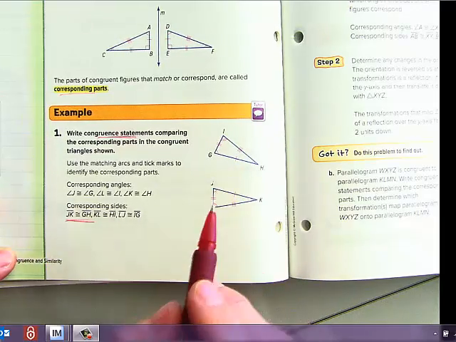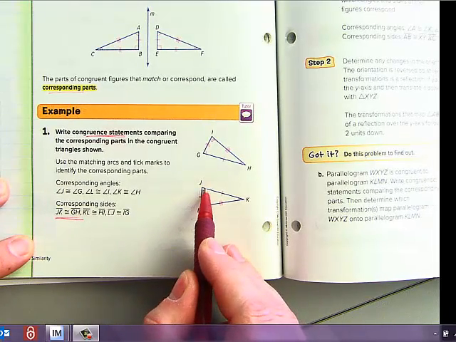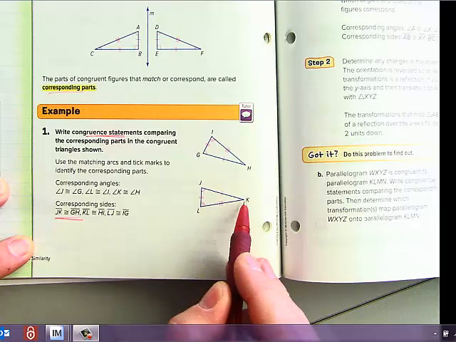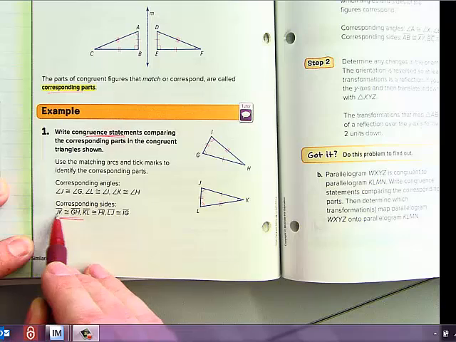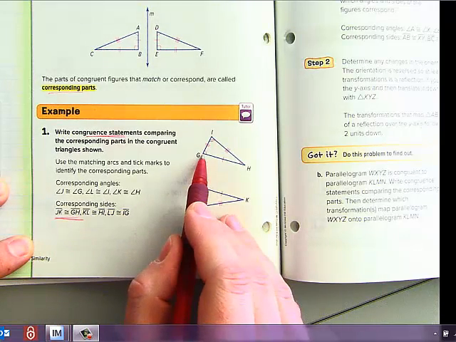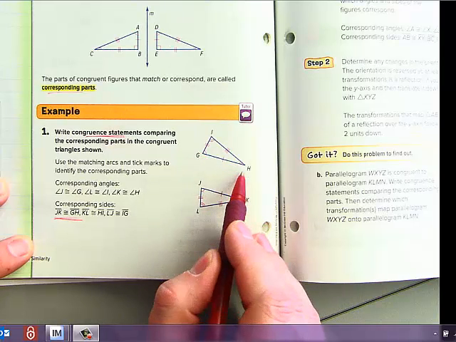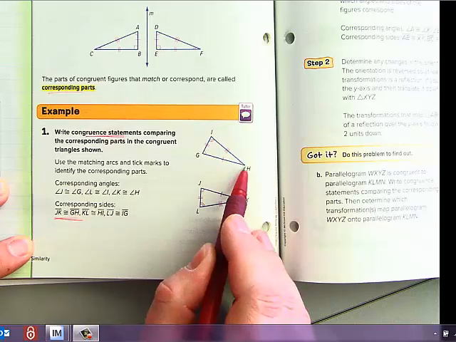Now here order matters. So notice J is the single arc corner going to K, the 3 arc corner. J then K, 1 arc to 3 arc. So G and H here, notice G is 1 arc to H, the 3 arcs, okay? So it's 1 arc to 3 arc, just like that one was.